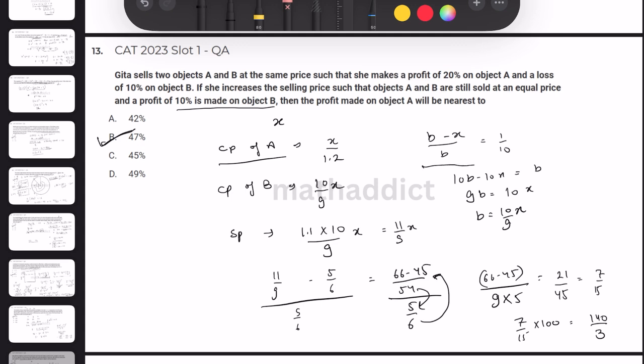So this step was selling at a loss of 10%, meaning the cost price minus selling price upon cost price is 10 by 100, which is 1 by 10. X was the initial selling price of both the objects.